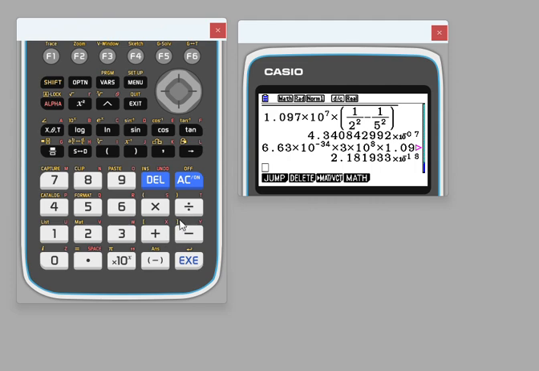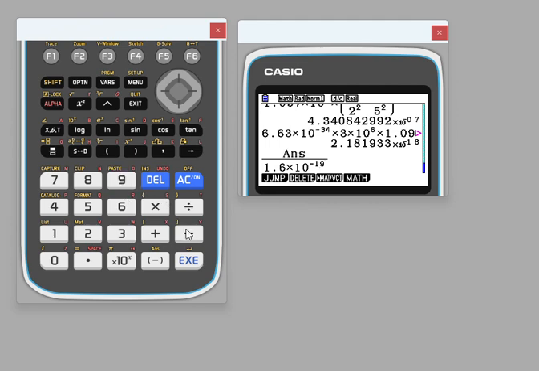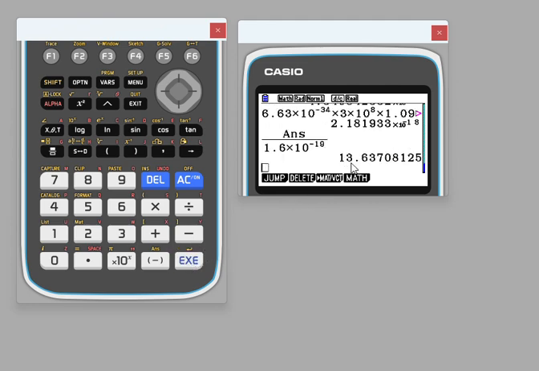It is going to be like this, and we want to divide this value by 1.6 times 10 to the power of negative 19. Let's remember two values, 2.18 and 13.6.